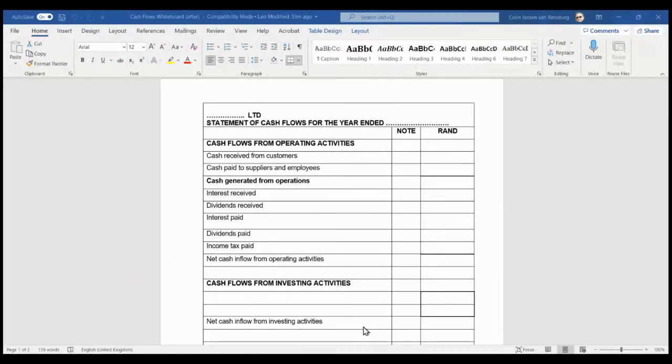You remember when we declared a dividend, when we did share capital in the, what was it, the second term, when we declared the dividend, we debited dividends declared and we credited shareholders for dividends. In other words, we raised a liability. What is that process called? That is accrual, right? So we accrued the dividend that we are eventually going to pay. But at that stage, we just declared it.